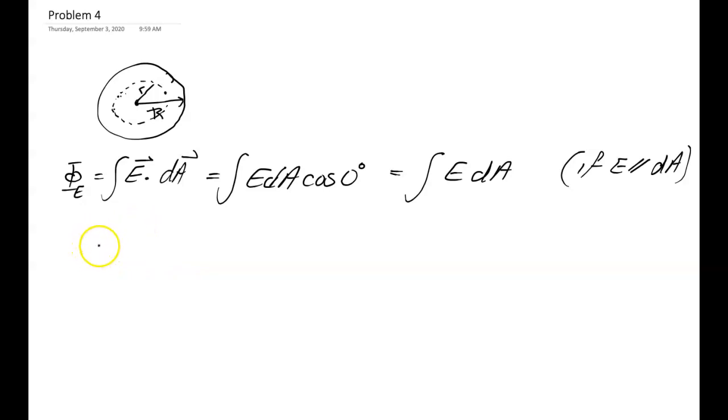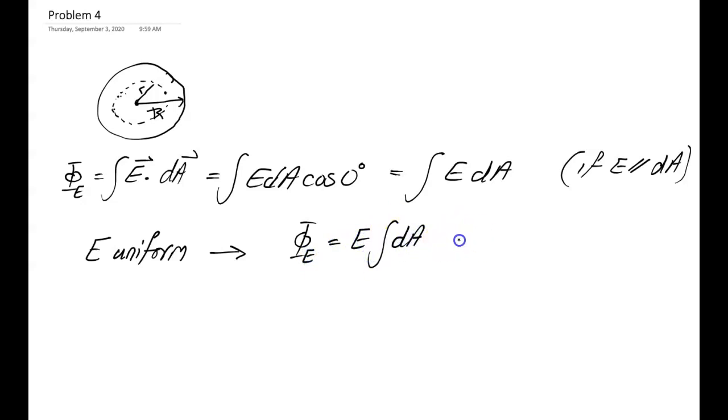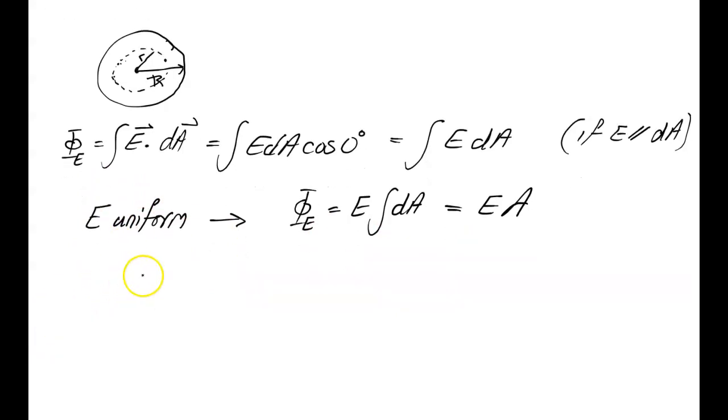We have a uniform charged sphere, so that means E is uniform, which means that I can take the electric field outside of the integral, and if I integrate dA, I get A. Now I have a couple of things to look at.